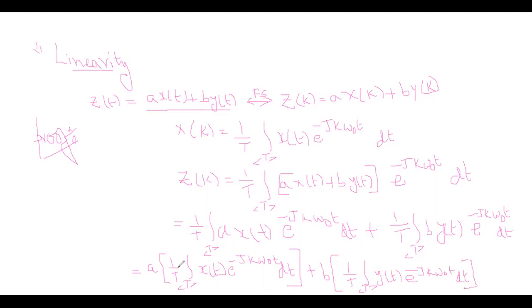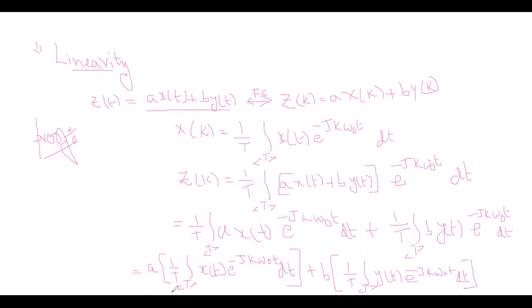See here in the parenthesis, whatever a is multiplied with, 1 by T the integral over T x of t e power minus jk omega naught t dt, is similar to the x of k equation only. You see, the x of k analysis equation.